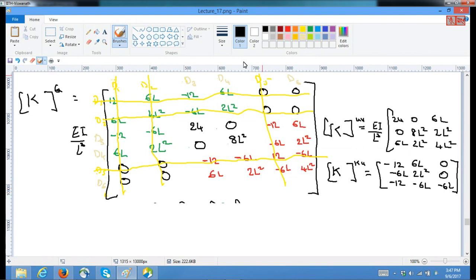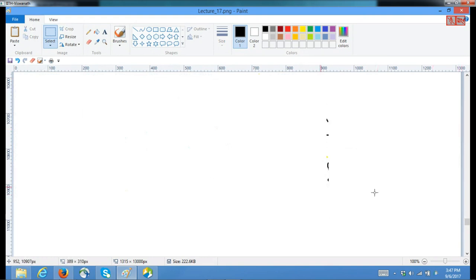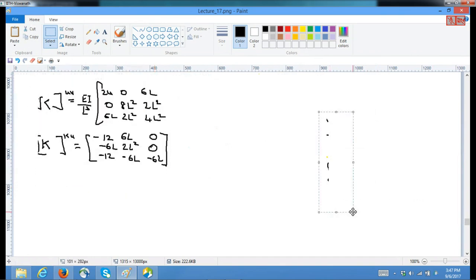Now, since we have this, I'll remove this. So this is our KKU, KUU and KUK.